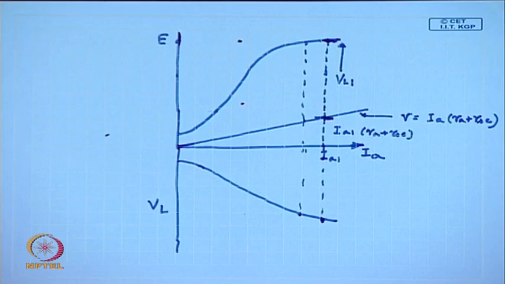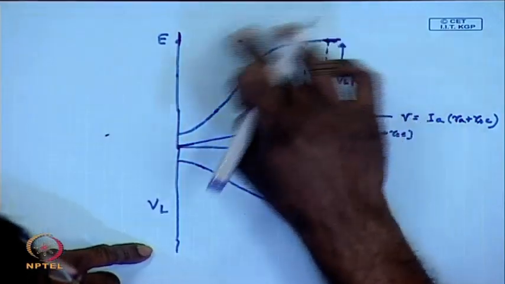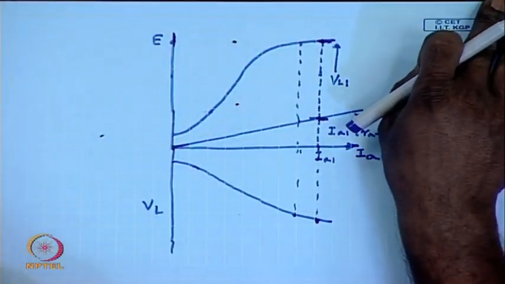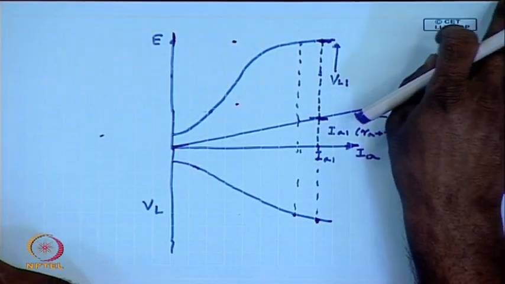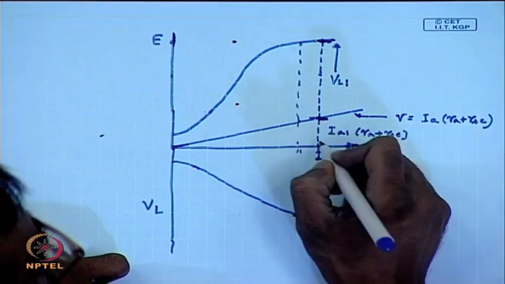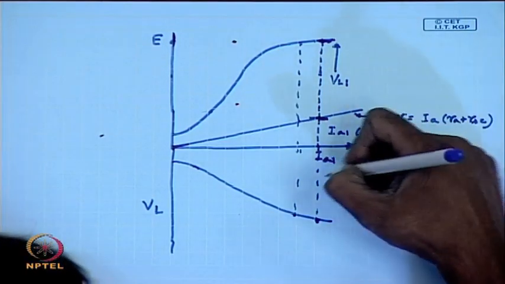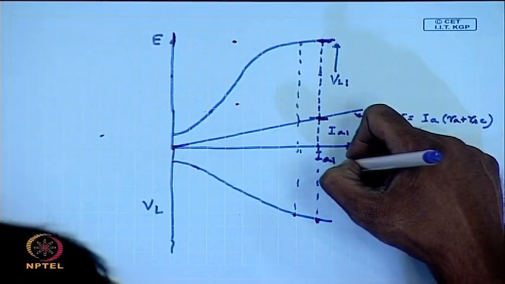Of course, this neglected armature reaction, which nevertheless can be included, because if we know the equivalent ampere turns of the armature reaction flux, we simply subtract it. Let us say we want to find the terminal voltage at a load current of IA1 including armature reaction.